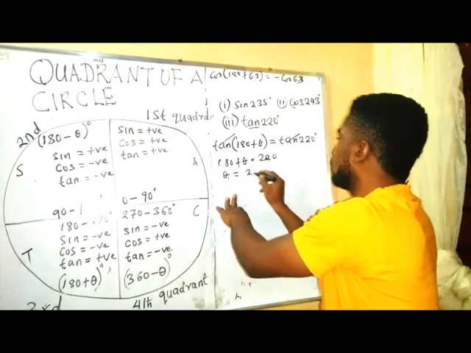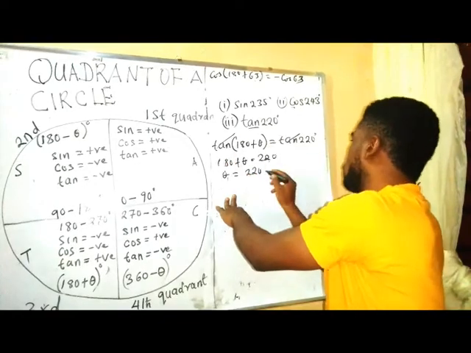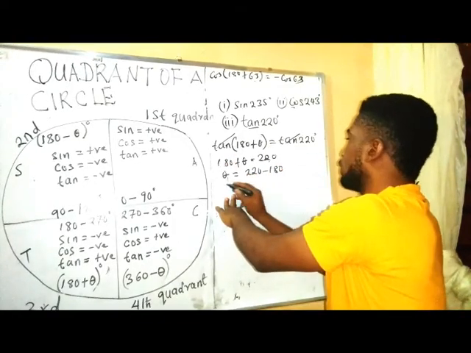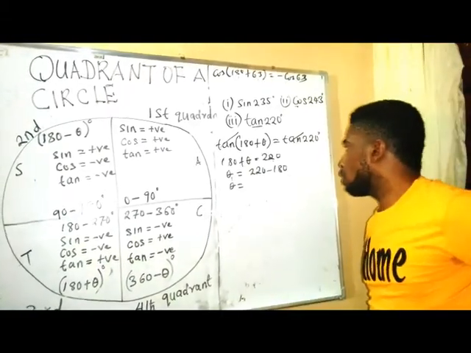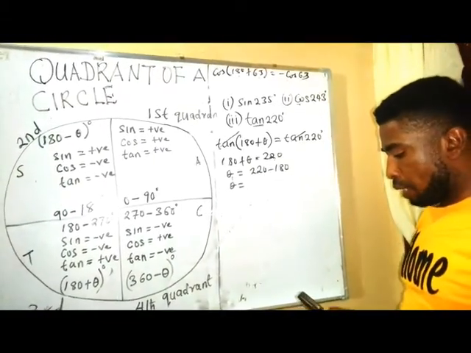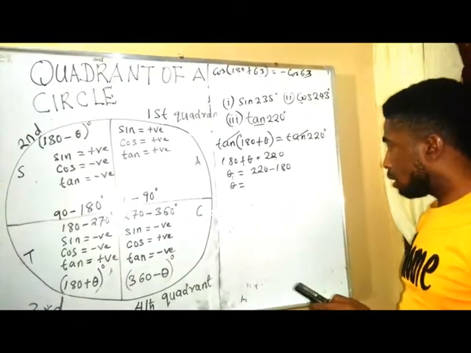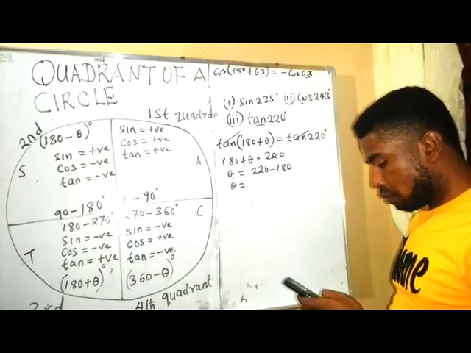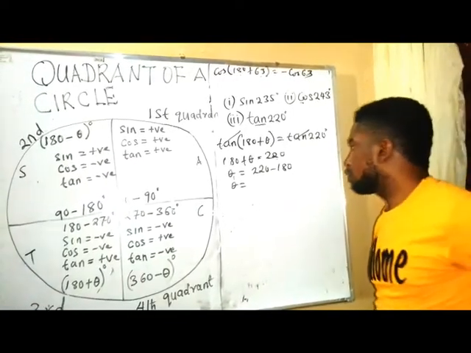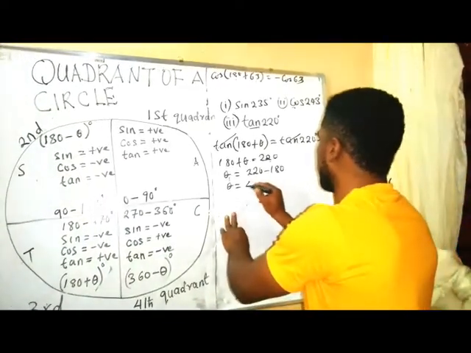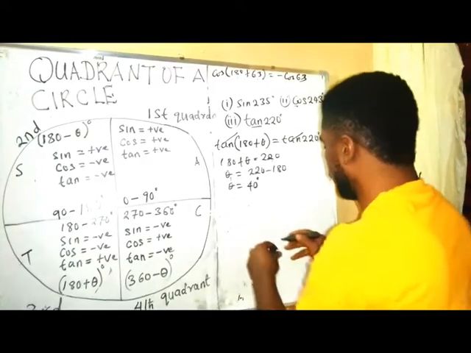So theta is 220 minus 180, which will give you 40 degrees. So we have theta as 40 degrees.